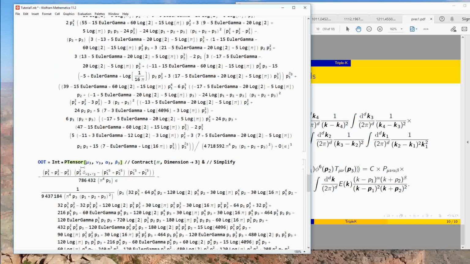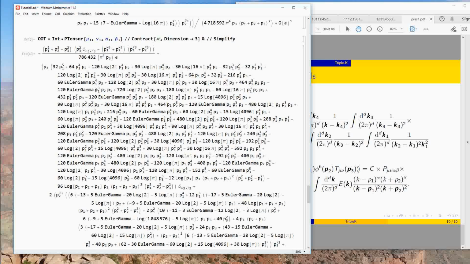Okay, so let's contract it with our tensor P. And as you can see, it's still divergent. Now, is it good or is it bad? Because before we found our form factor and it did not have any divergences. Well, actually it's okay, because what the divergence is multiplied by, as you can see, is a transverse but not traceless tensor.